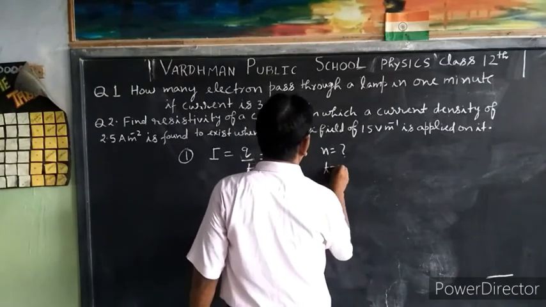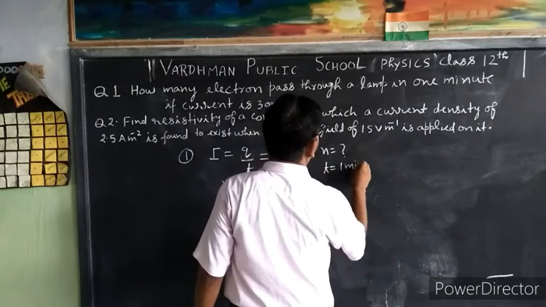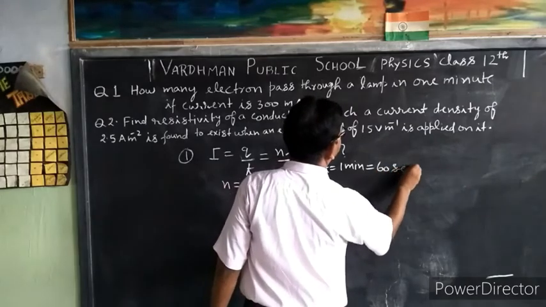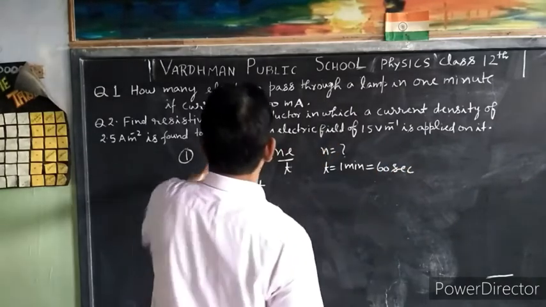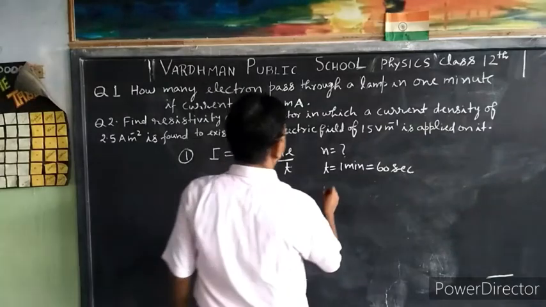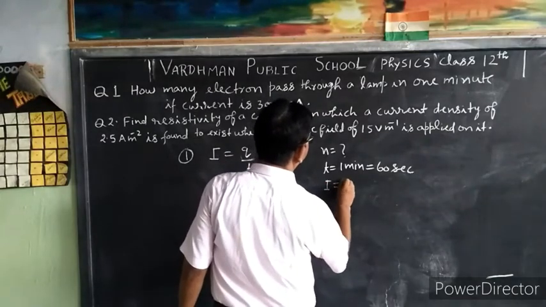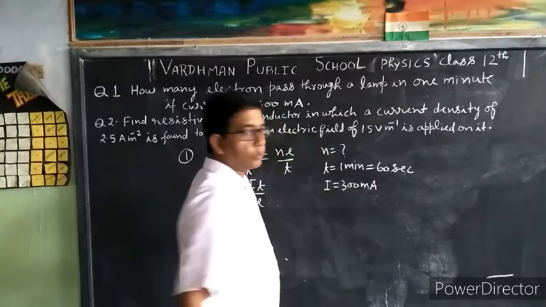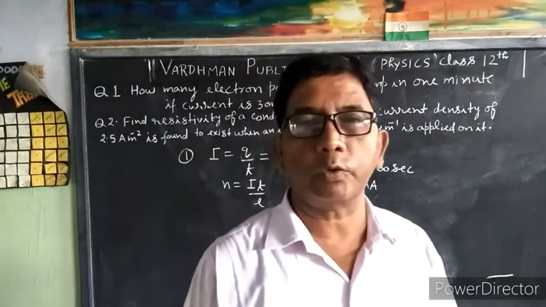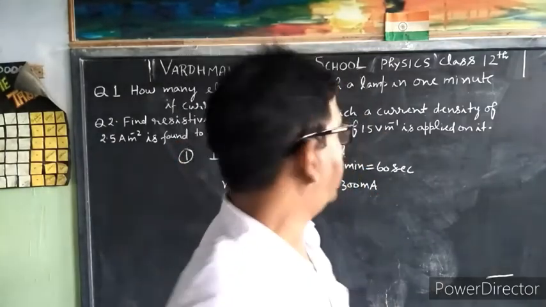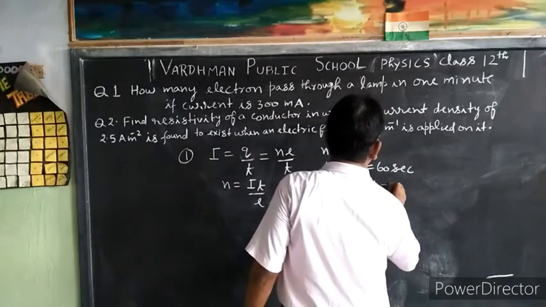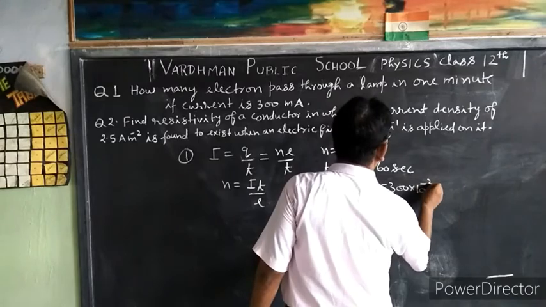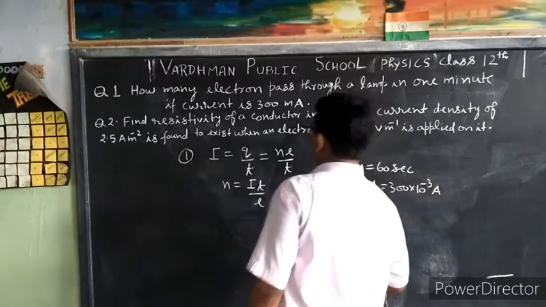Time is equal to 1 minute, and 1 minute is equal to 60 seconds. Current I is given as 300 milliampere. We know that 1 milliampere is equal to 10 power minus 3 ampere, so it becomes 300 into 10 power minus 3 ampere.